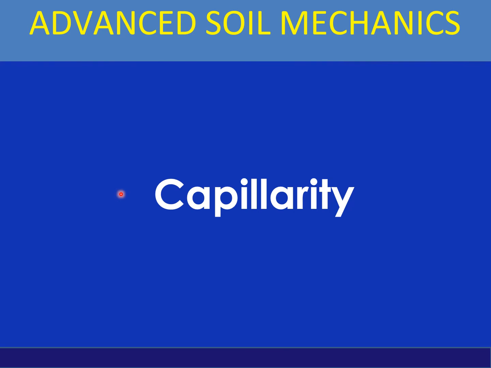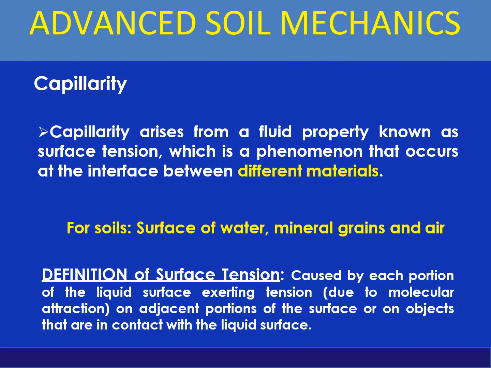Now we will discuss the topic of capillarity. Capillarity arises from a fluid property known as surface tension, which is a phenomenon that occurs at the interface between different materials. For soils, these are the surface of water, mineral grains and air.